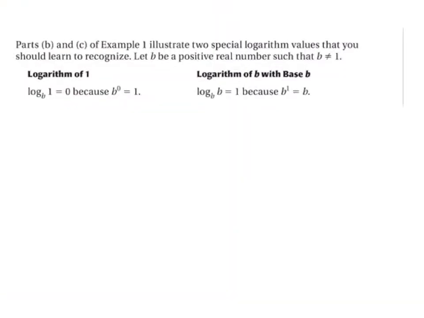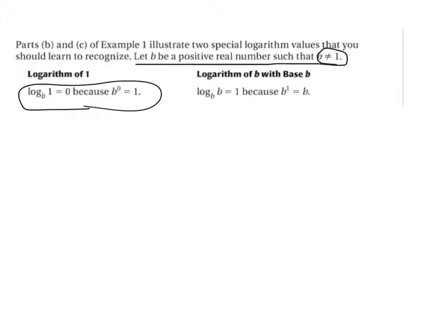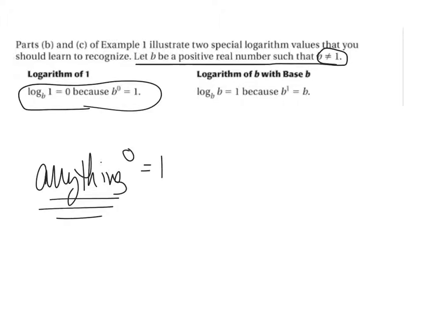If you look at parts B and C of example 1, they illustrate two special logarithm values that you should learn to recognize. Let b be a positive real number such that b is not equal to 1. The logarithm base b of 1 equals 0 because anything to the 0 power equals 1, anything at all.